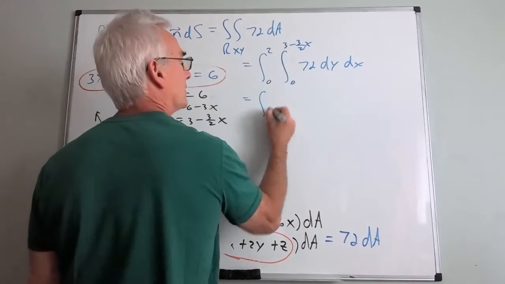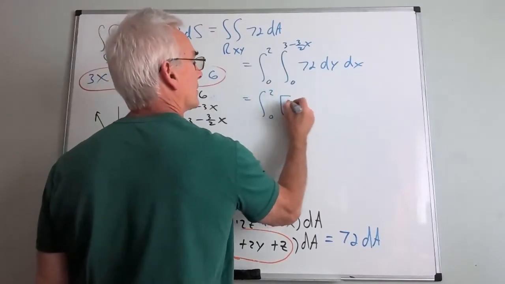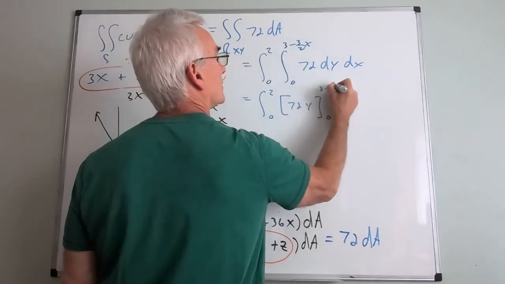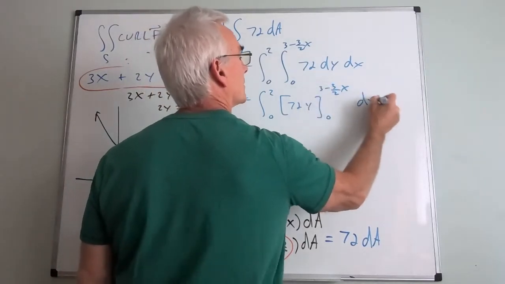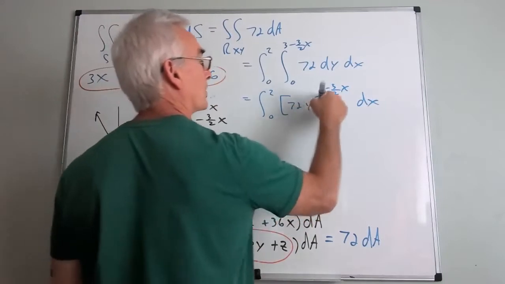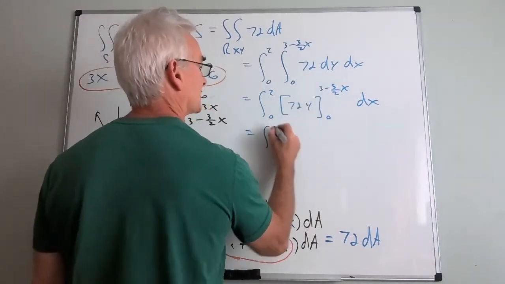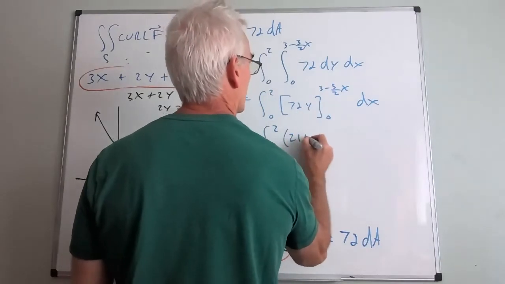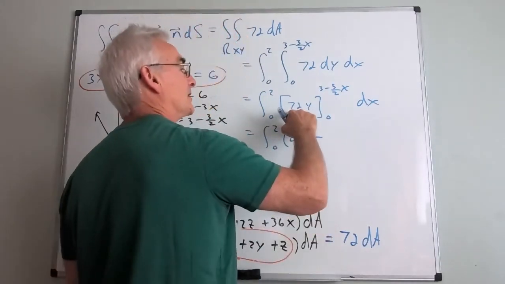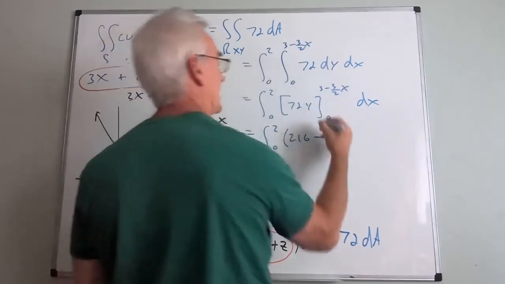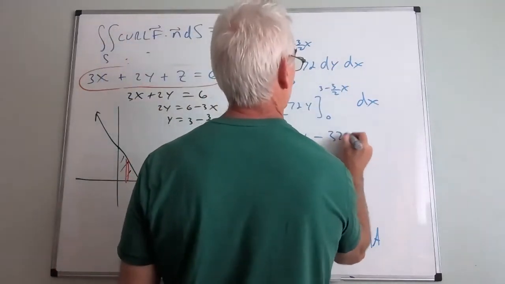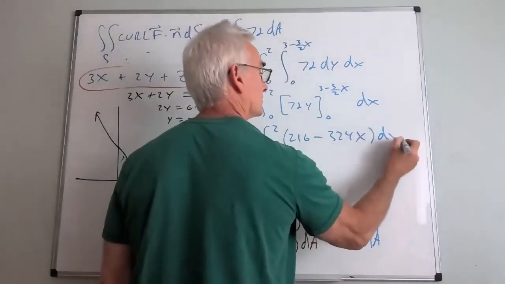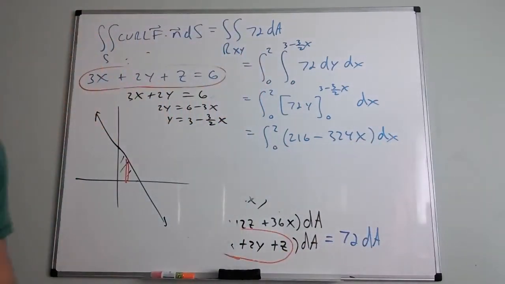So this would be, replace y with 3 minus 3 halves x. So 72 times 3 minus 72 times 3 halves. What would that be? 324x. And then dx. I believe that's what we have so far.